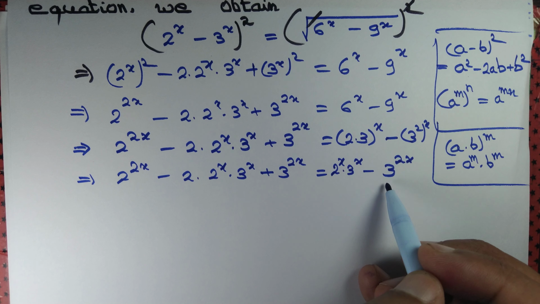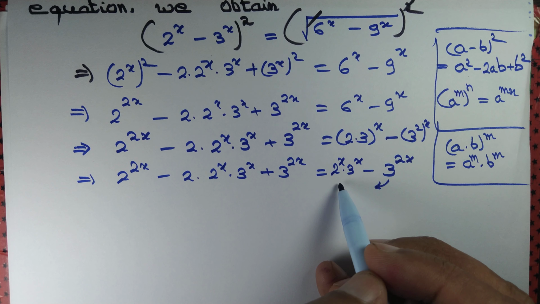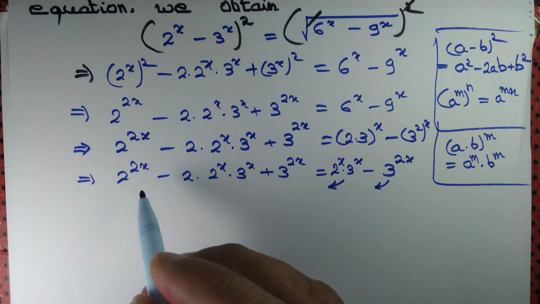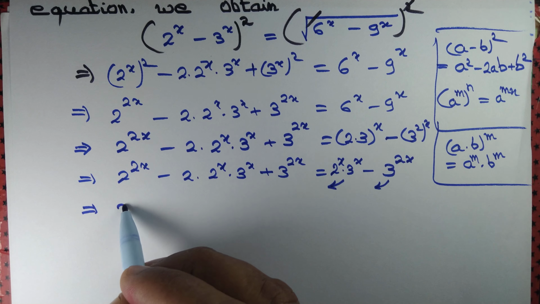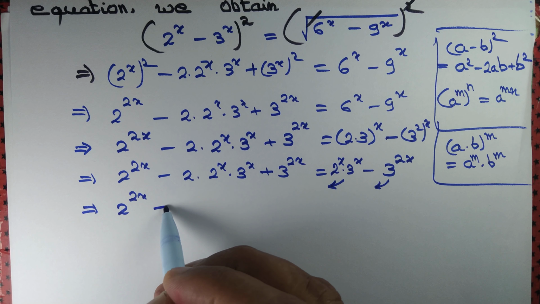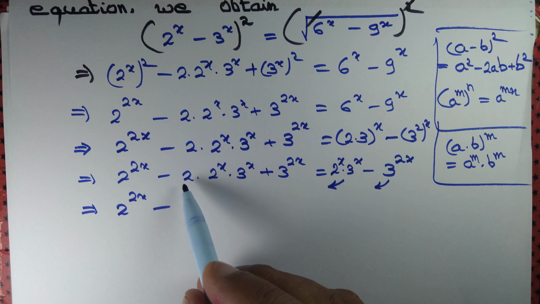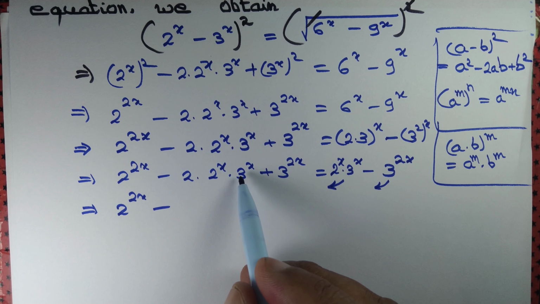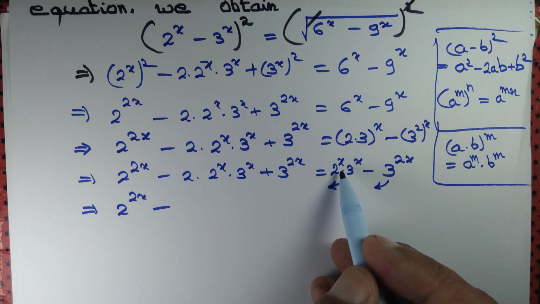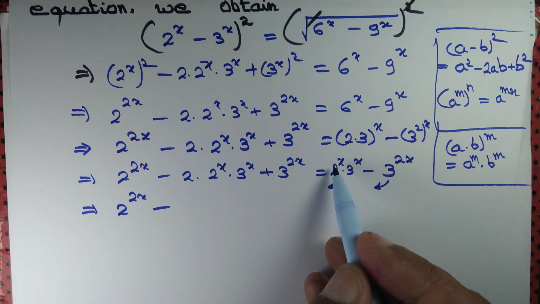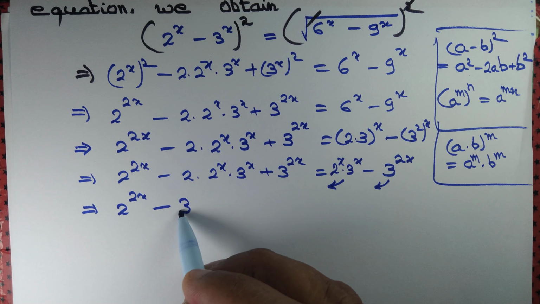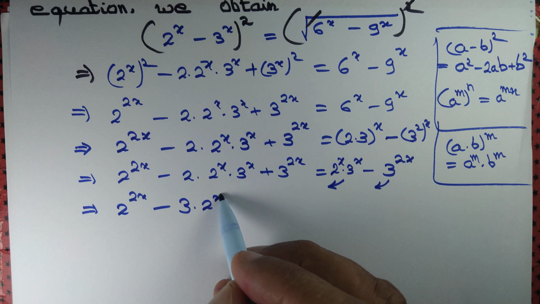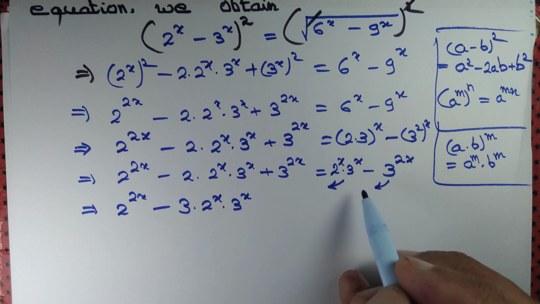Now we take this expression to the right hand side, left hand side. This one also left hand side. 2 to the power 2x we copy as it is, minus 2 number of 2 to the power x into 3 to the power x. If you take this one to the left hand side, we'll get minus. So minus 3 number of 2 to the power x into 3 to the power x.